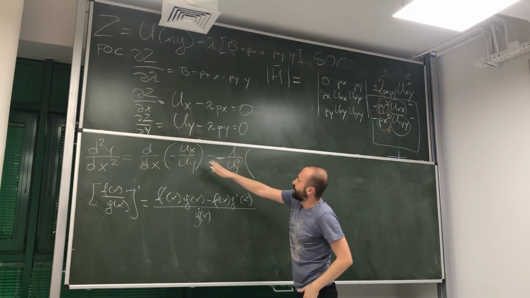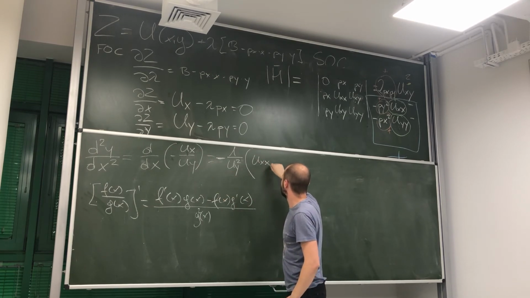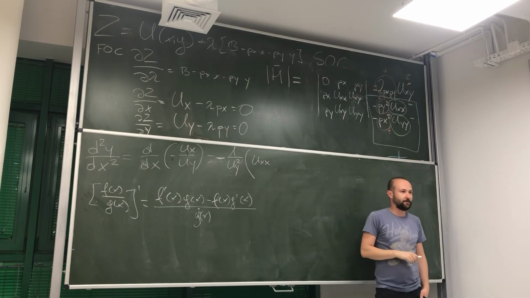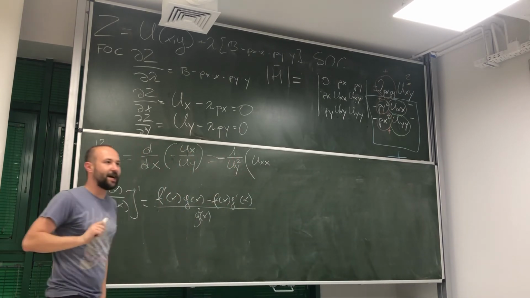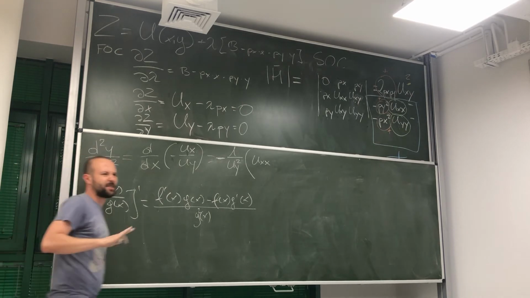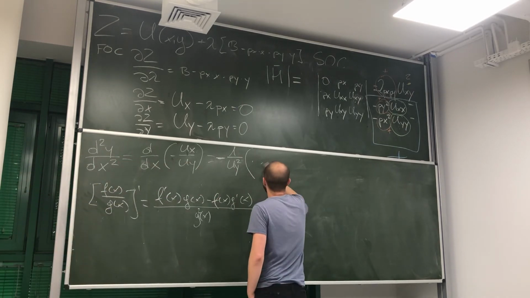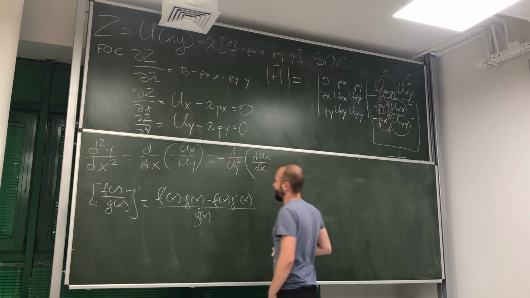But we remember that if I'm going to differentiate it for a second time, I'm going to get uxx. However, because we're going to use a certain trick here, let me keep it simply as dux over dx.